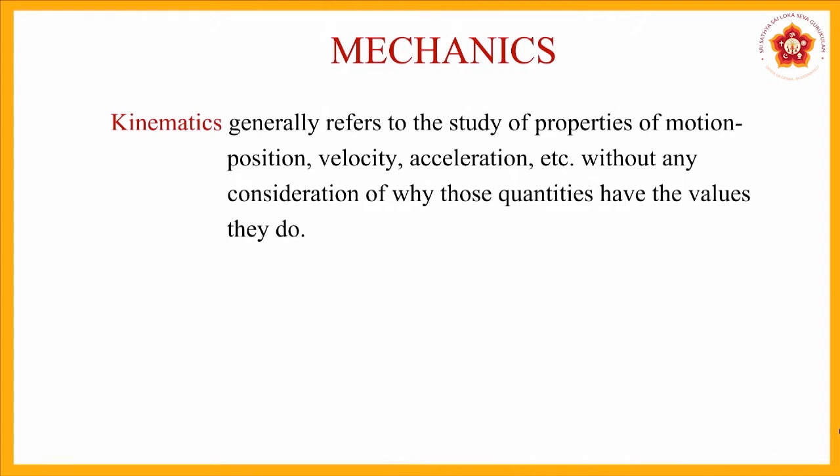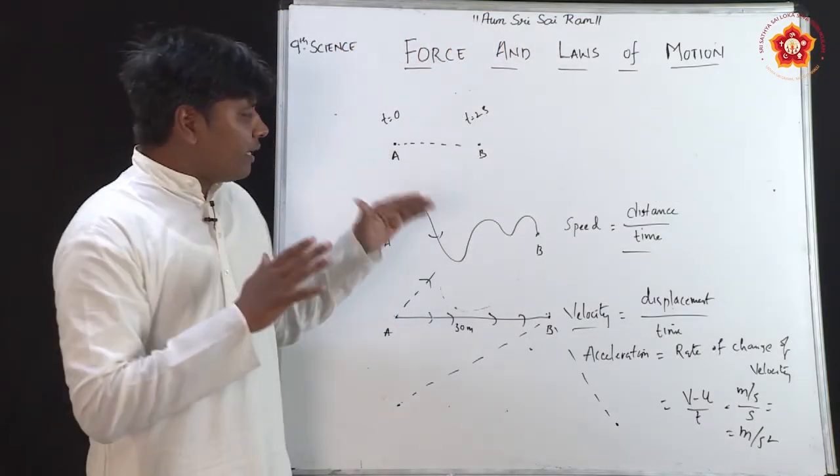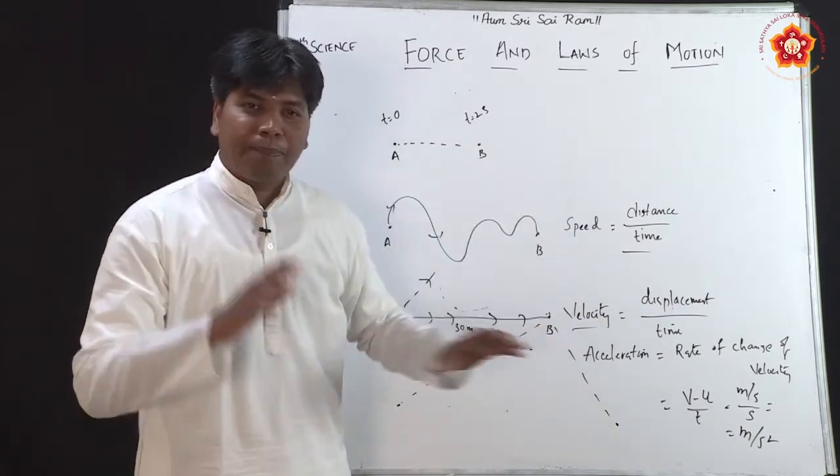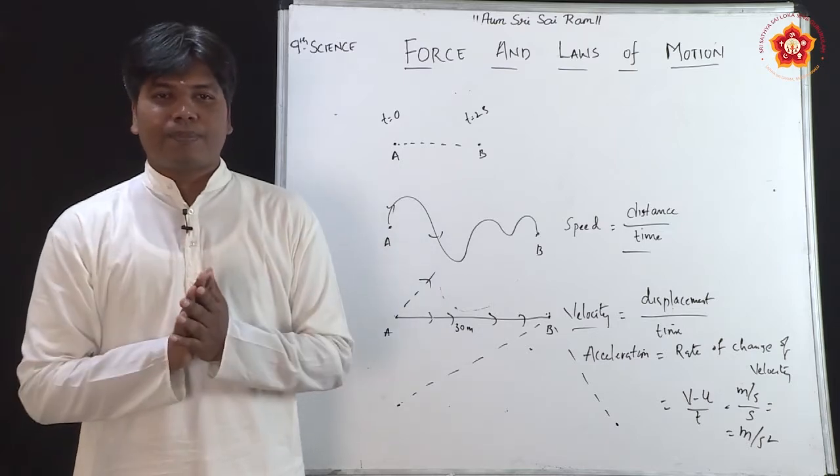What is kinematics? Kinematics generally refers to a study of properties of motion, which is position, velocity, acceleration, which we have just discussed, without any consideration of why those quantities have the values they do. That means when you describe a motion, here we only describe the speed, velocity, the parameters that they need during motion, right?